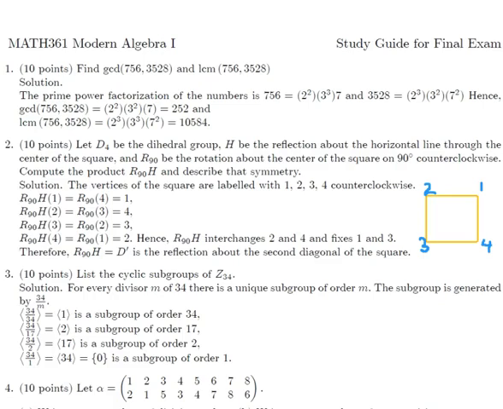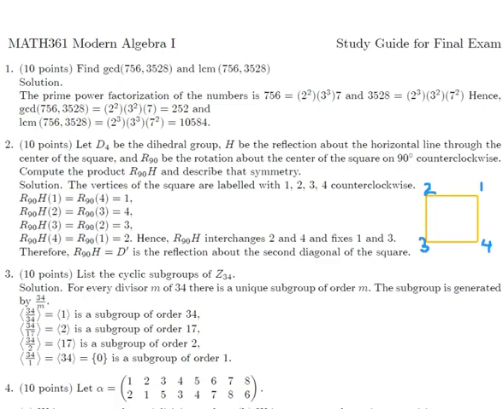Similarly, we find R90H of 2. First 2 goes to 3, and then 3 goes to 4. R90H of 3: first 3 goes to 2 under H, and then 2 goes to 3 under R90.